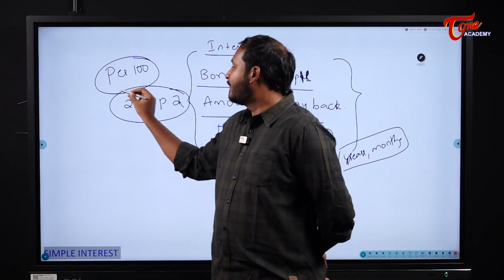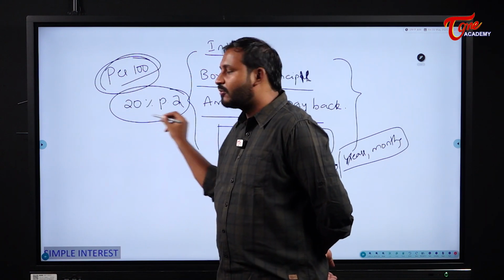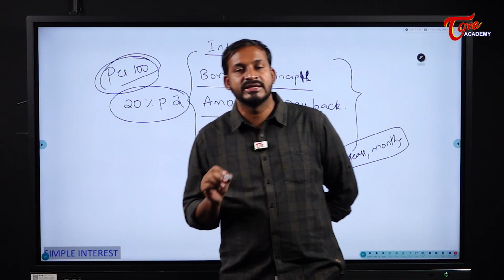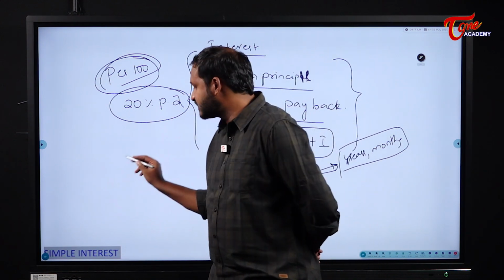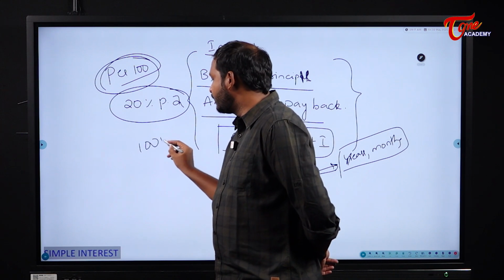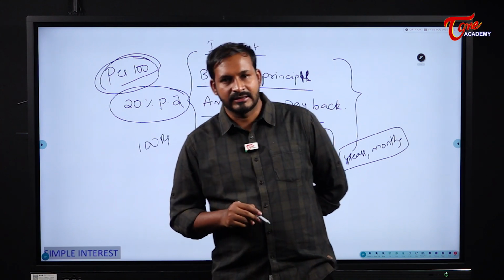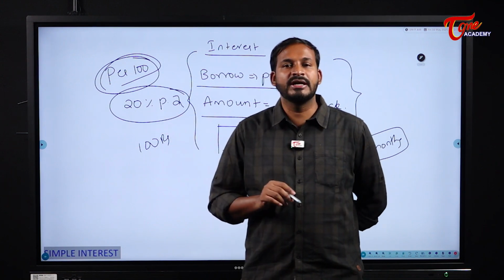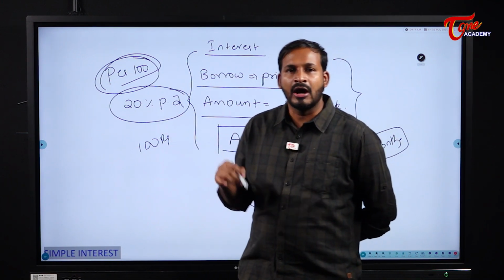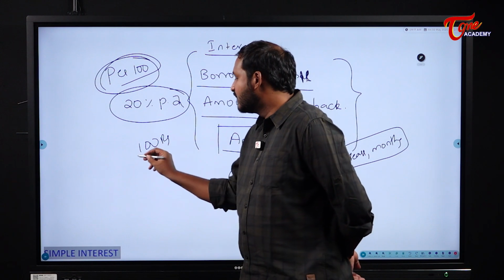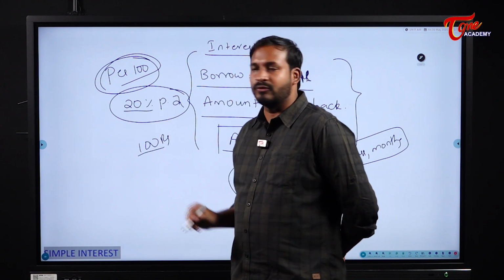That means per 100 rupees, how much I am going to charge. If I take 100 rupees from a bank and the rate of interest is 20% per annum, then for every 100 rupees I need to pay 20 rupees.